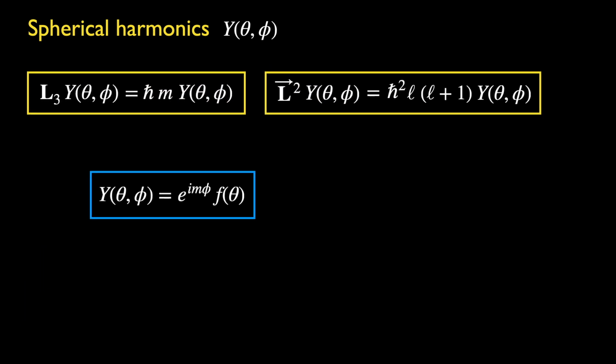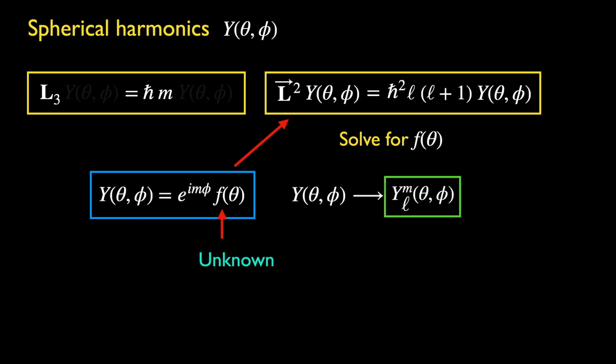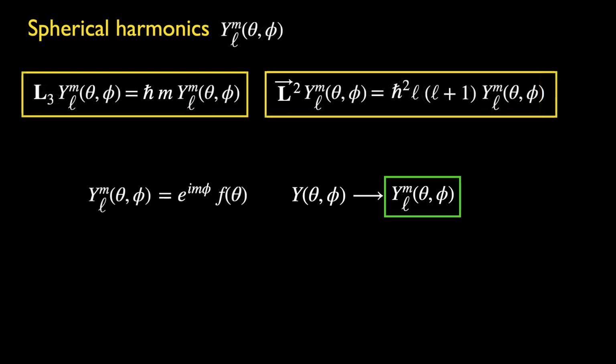At this stage, we could plug the spherical harmonics Y, now left with the unknown function f, back into the eigenfunction equation of L², then solve for f of theta. Note that since Y is defined by the two eigenvalues L and m, let's label it this way. Similarly, we can denote the function f by P_lm to reflect these eigenvalues.